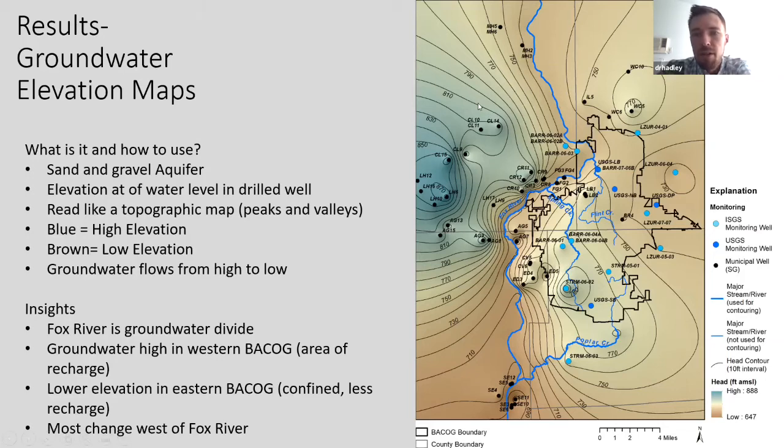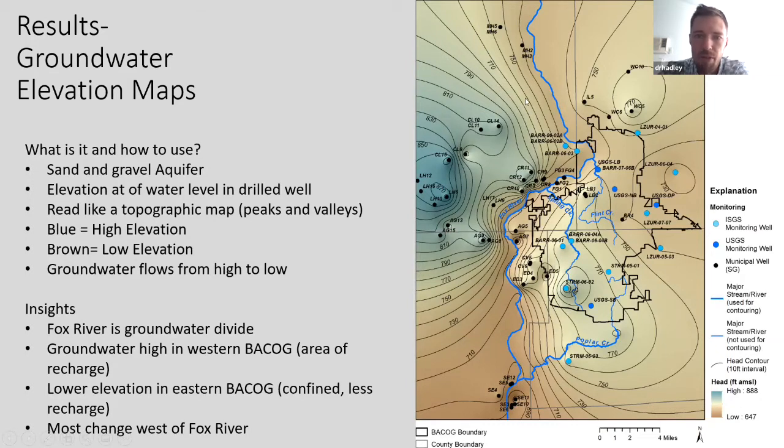In terms of how withdrawals in this area affect the BACOG region, the answer is that it's going to have very little effect on it, and the reason is because of this Fox River groundwater divide here.